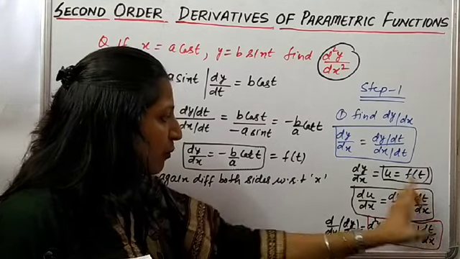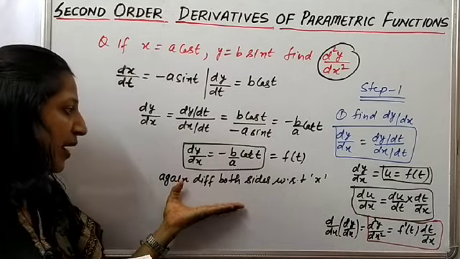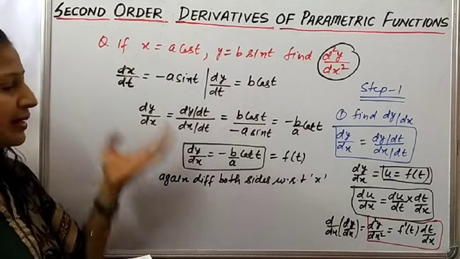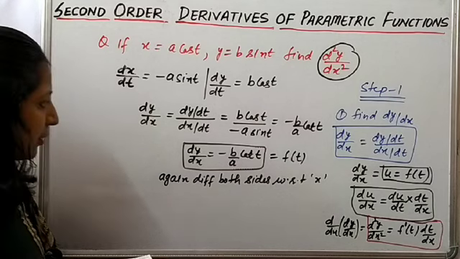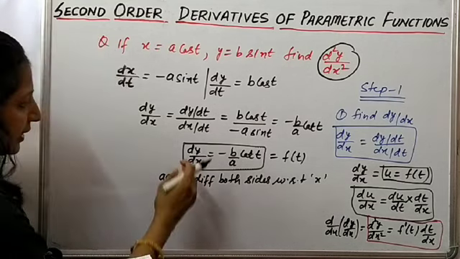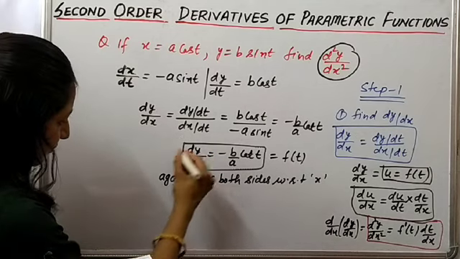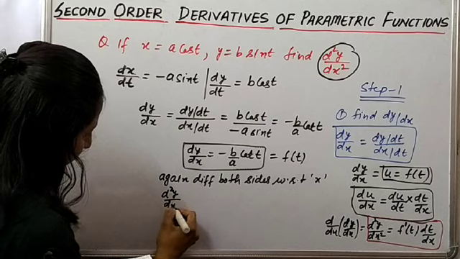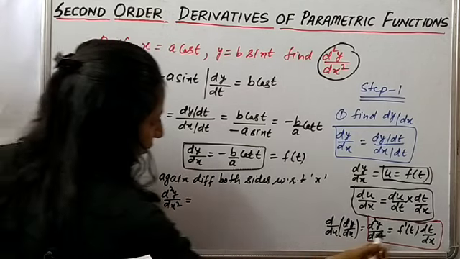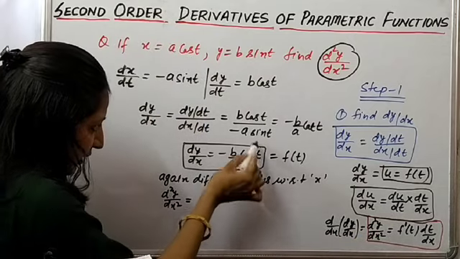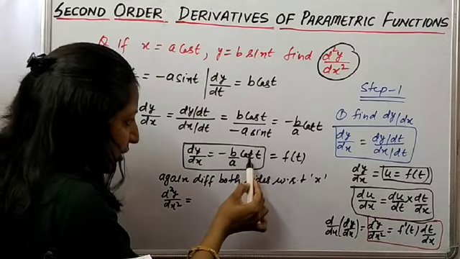So by using this formula, now we will find d2y upon dx square, that is the second order derivative of our function in parametric form, right? So let us do further. Now again differentiate both sides with respect to x. So with respect to x we will get d2y upon dx square, and first of all f dash t. We will differentiate with respect to t because it is a function of t.